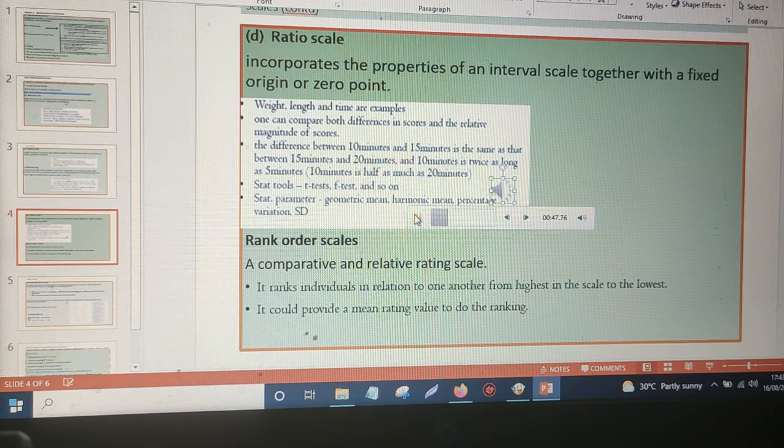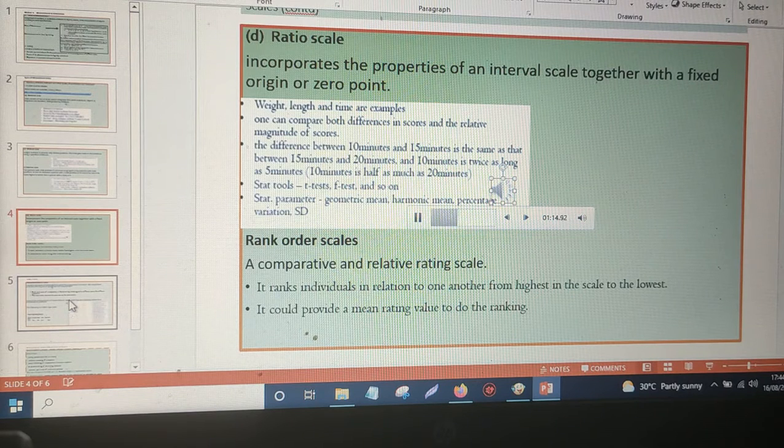Examples of ratio scale are weight, length, time, and so on. One can compare both differences in scores on the basis of the ratio scale and the relative magnitude of scores. So you can compare differences in scores. For example, the difference between 10 and 15 is 5.